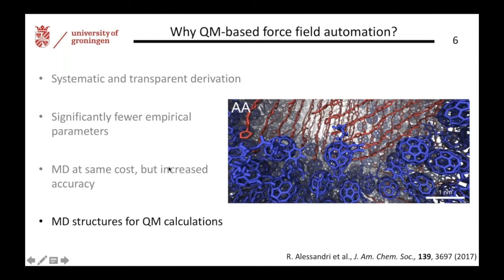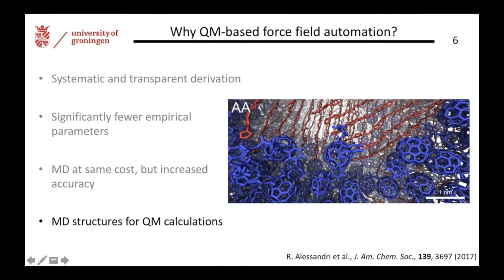And last but not least, we often use structures or morphologies or snapshots from molecular dynamic simulations for further QM calculations. For example, here you see a donor-acceptor interface of an organic photovoltaic material generated through molecular dynamic simulations.